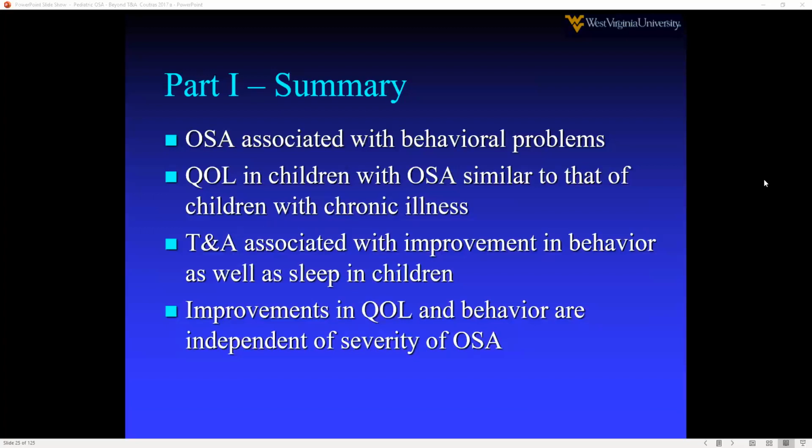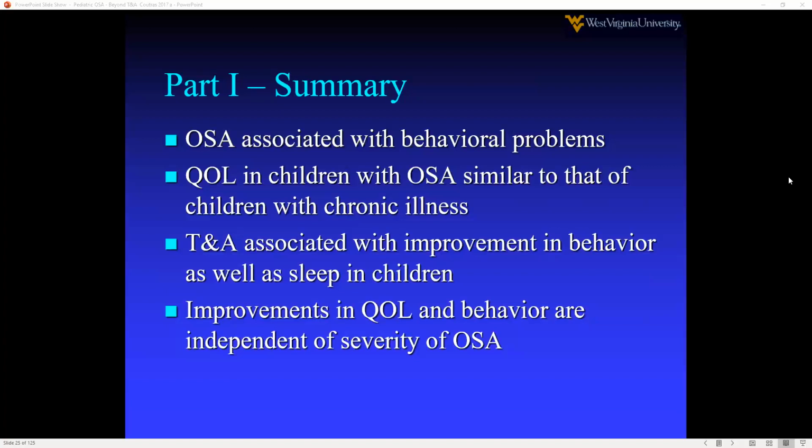So summary of this section is that obstructive sleep apnea is associated with behavioral problems in children. Quality of life is similar to other chronic illnesses such as rheumatoid arthritis or asthma, and that adenotonsillectomy can provide great improvement in all these things.